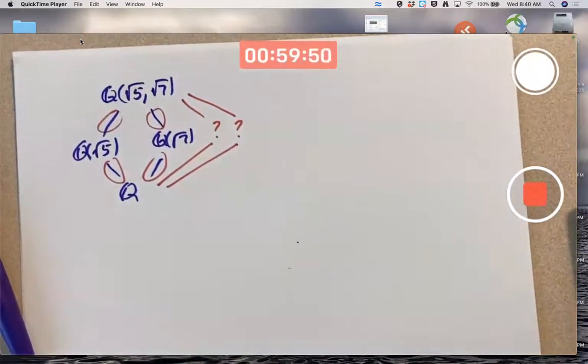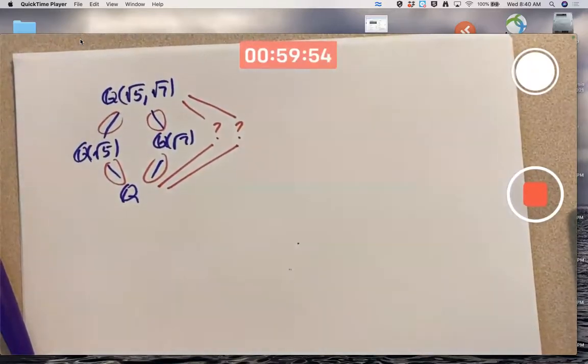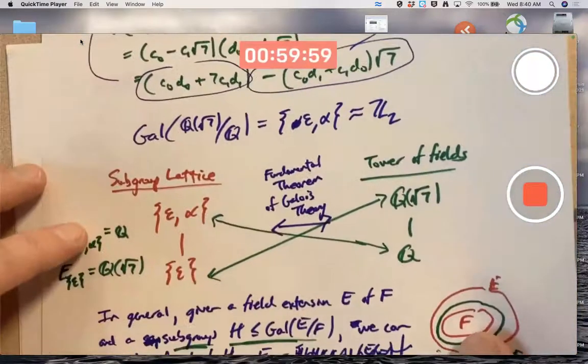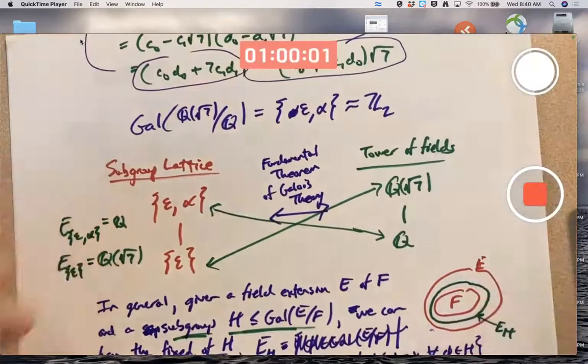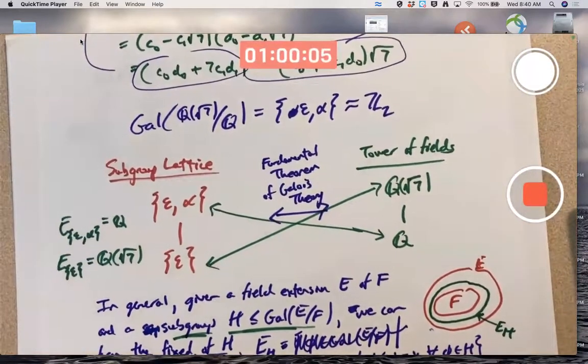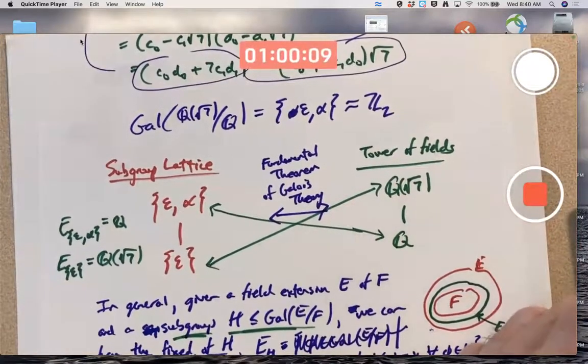By the way, before I answer that question, I should say one more thing about the simpler example. This is coming back to the relationship between degrees of field extensions and Lagrange's theorem.